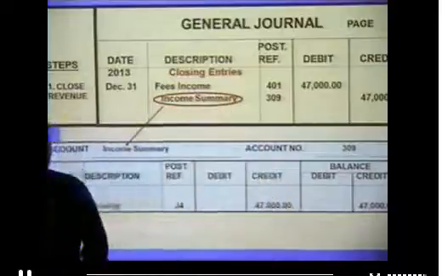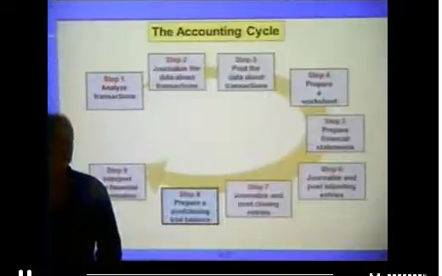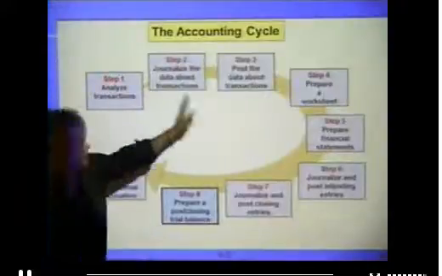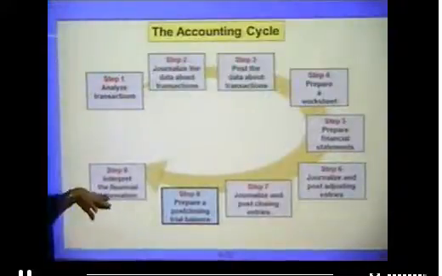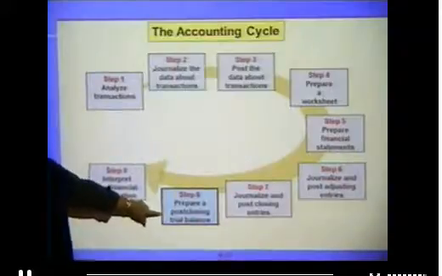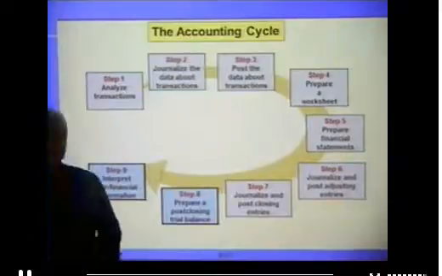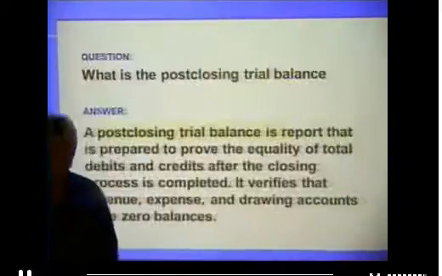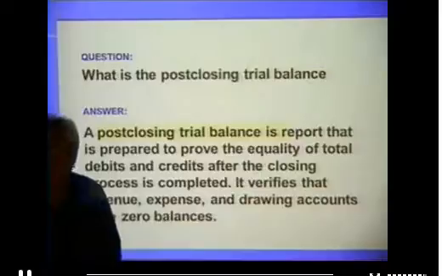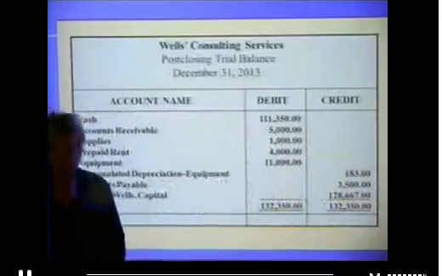Now, as we go on, the next thing in this chapter is our cycle, which we have completed now, except for preparing the post-closing trial balance, which is just another trial balance. What that trial balance shows you is that everything's been done and that all your temporary accounts are closed, and you should only have open the accounts that have a balance.